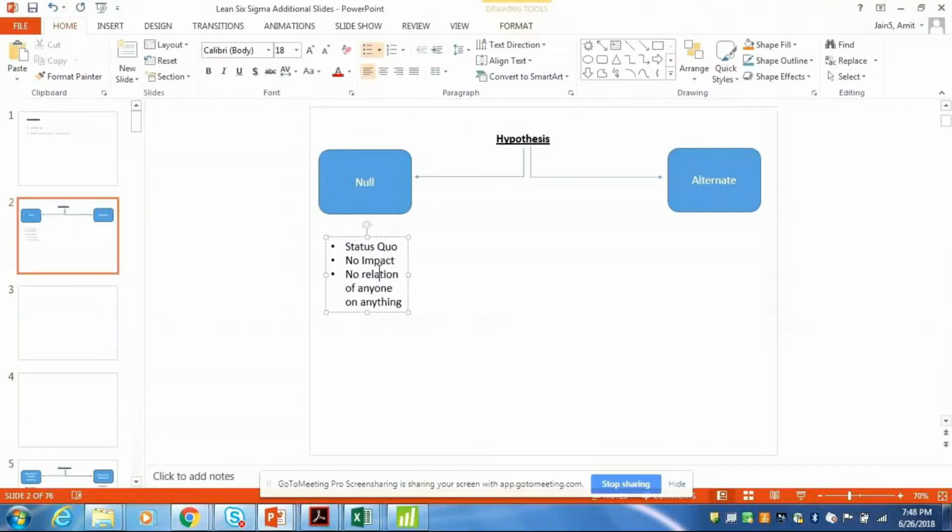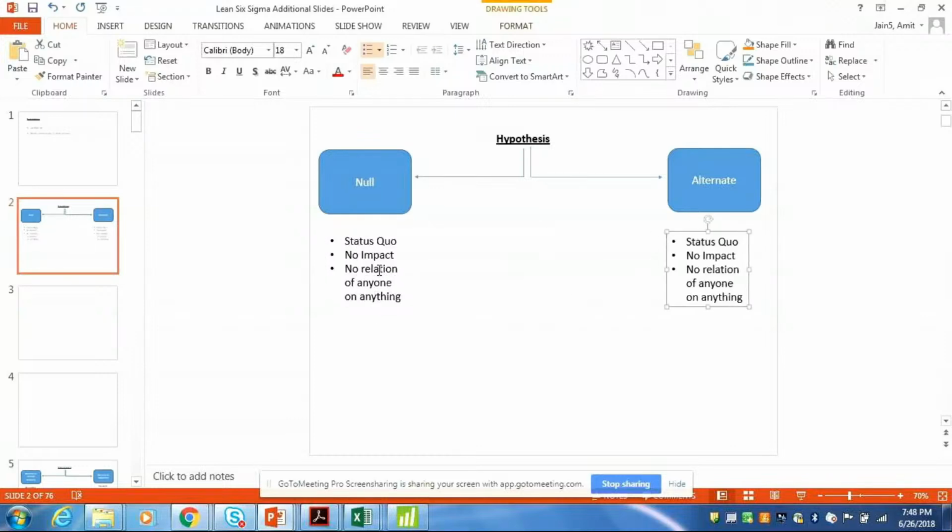Alternate is exactly the opposite of null. If null says no impact, alternate says yes, there is an impact. If null says no relation of anyone or anything, alternate says yes, there is a relation.